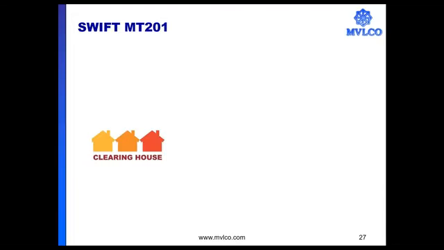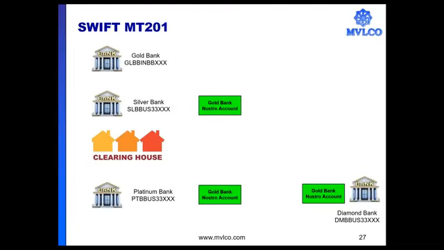So in MT201, I'll have this scenario where Gold has three bank accounts. Gold has a bank account with Silver Bank, with Platinum Bank, and also with Diamond Bank. What Gold wants to do is move its own money from Silver Bank to its own accounts at Platinum Bank as well as at Diamond Bank.